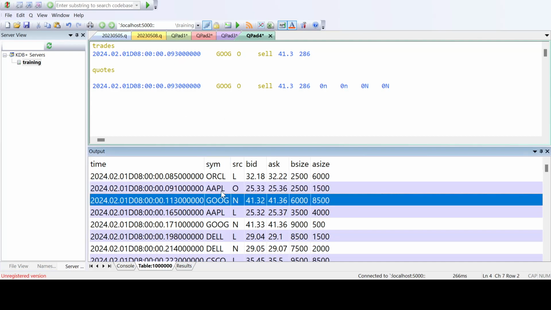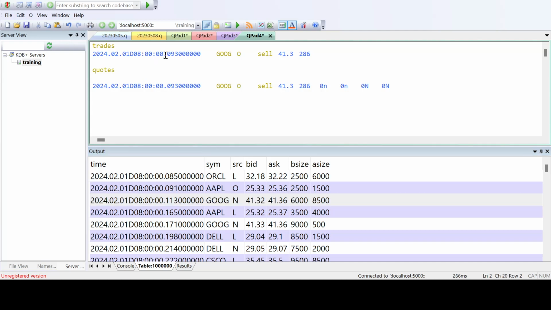The first record for Google has come at 800.113, which is later than this time. So there was no record before this time. That's why in the result, for all the quotes columns, the values are null, because there was no record in the quotes table before this time in the trades table.